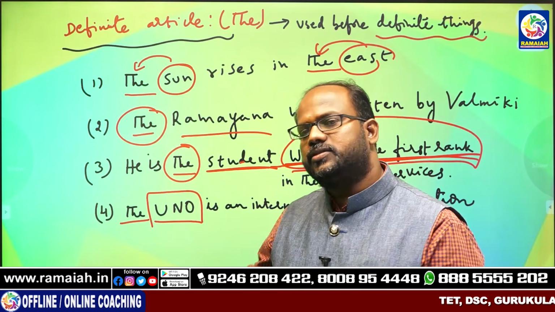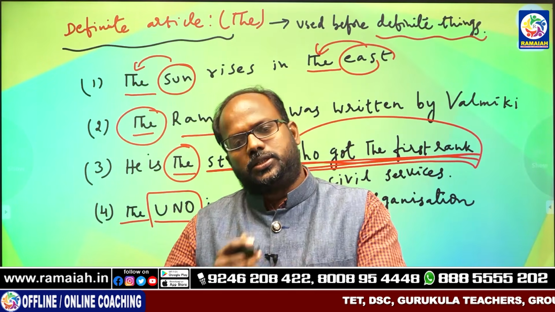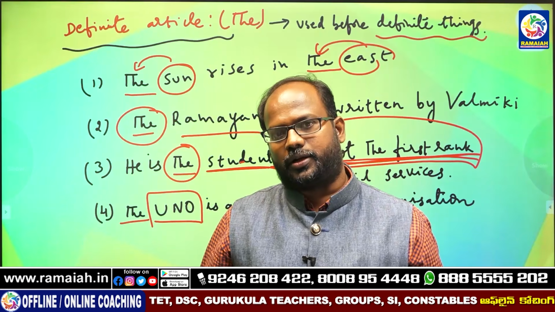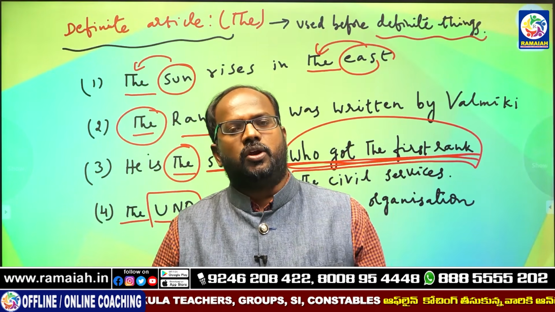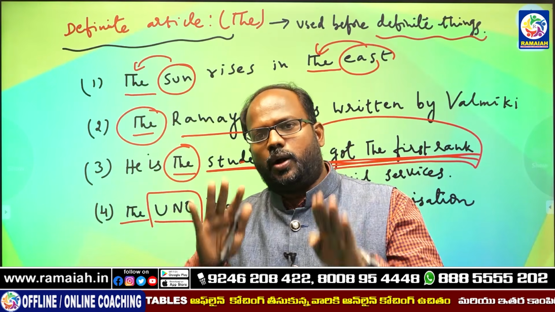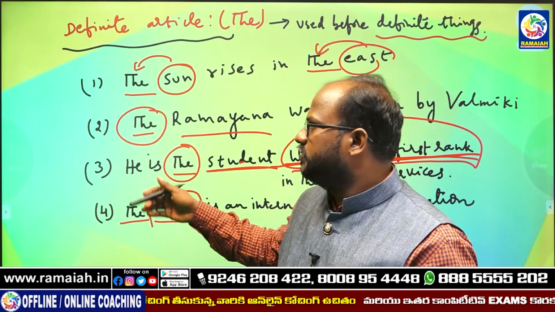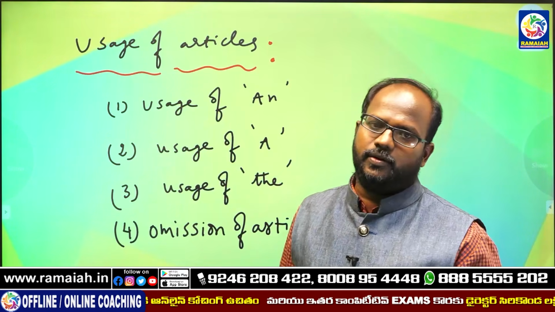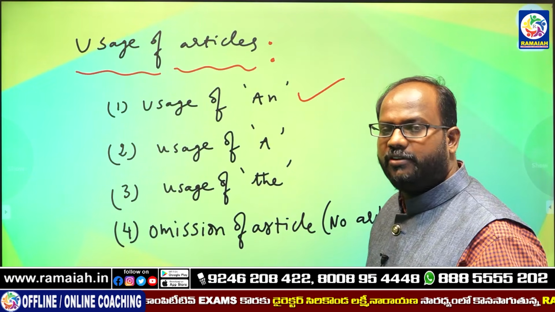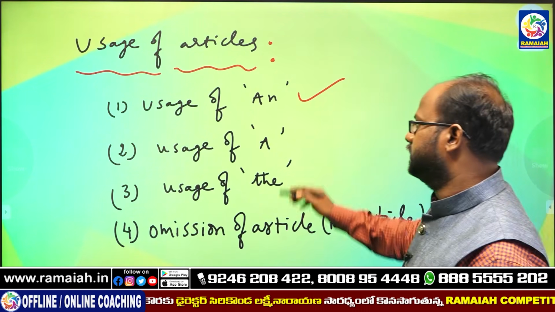Now, we have seen the introduction to indefinite articles and definite articles. In this class, we will discuss this topic in 4 different modules. First we will look at usage of an, where an should be used.